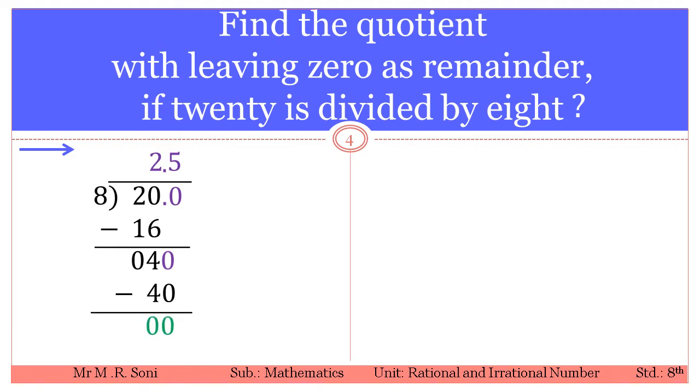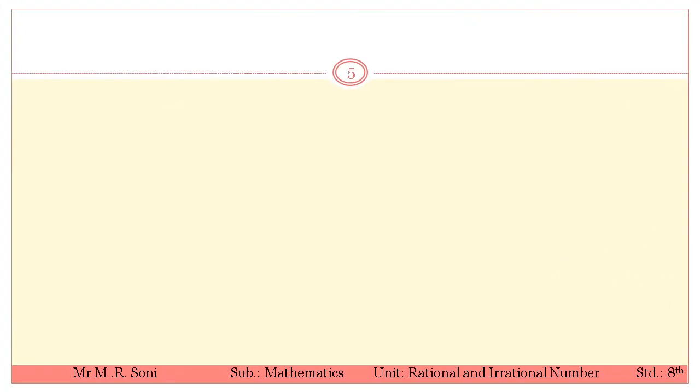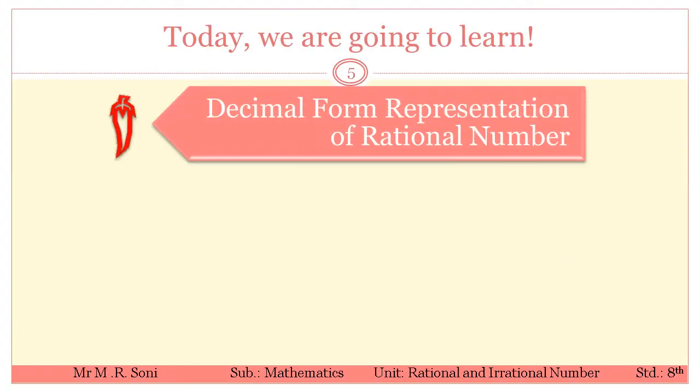This is how the division is completed. I hope you have got the right answer. Therefore, the final answer is 2.5.